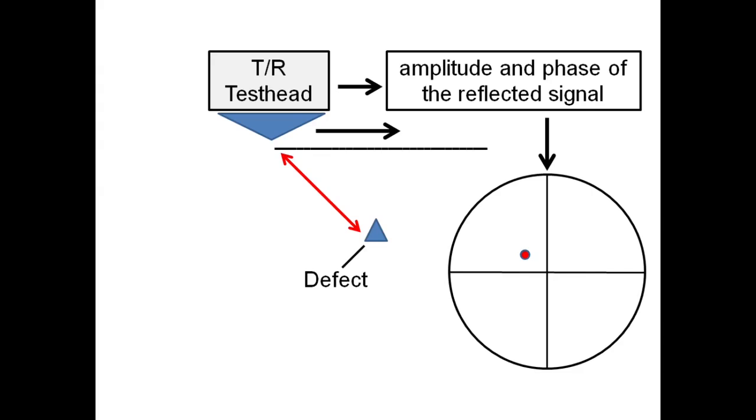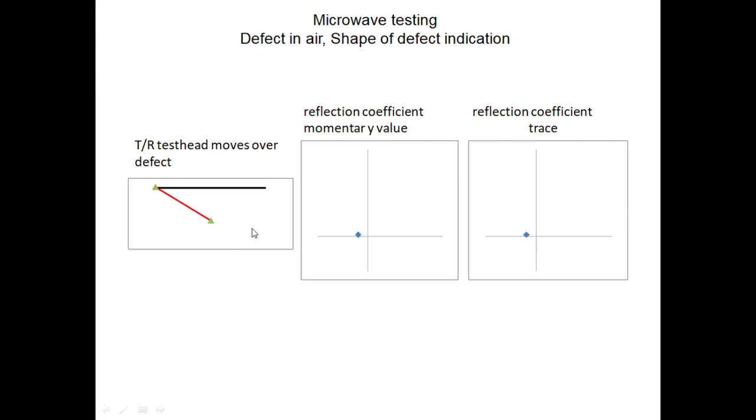Well, we will now look at the situation when the TR test head is moved along this line. Therefore, we will here see a more elementary sketch. And on the right hand side we see the diagram of the reflection coefficient. We see both of them and we can see the difference in a few seconds.